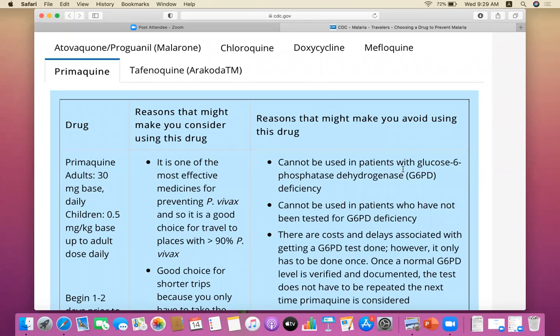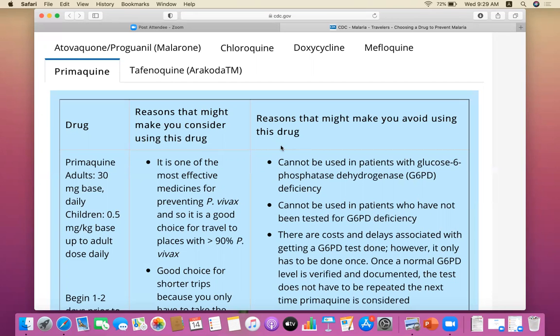It cannot be used in patients with glucose 6 phosphate dehydrogenase deficiency. If the person has glucose 6 phosphate dehydrogenase deficiency and takes this medication, primaquine, it may result in hemolysis.